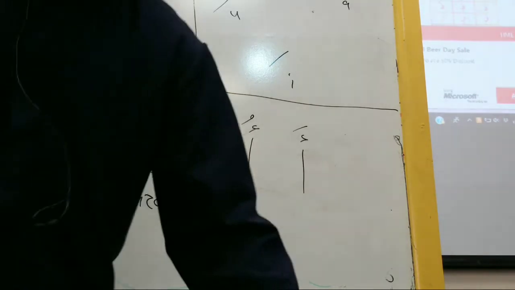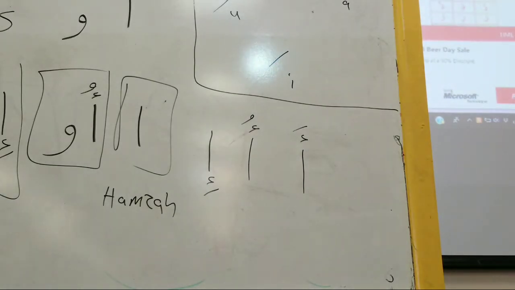I'll give you an example of the way it looks. Let me get a big Quran so that you can look at it. So let's see. Here we have a kasra, okay, and then there's a ya.